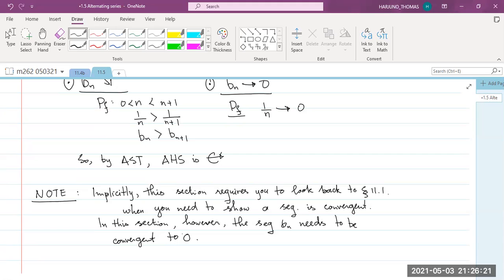But for the convergent part, you need it to be convergent to 0.